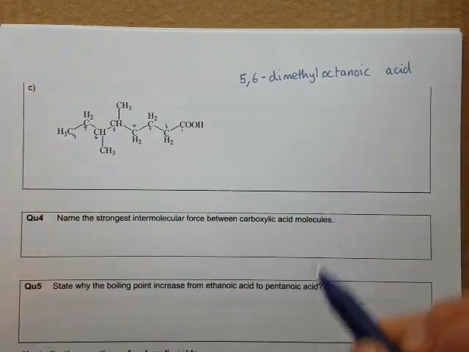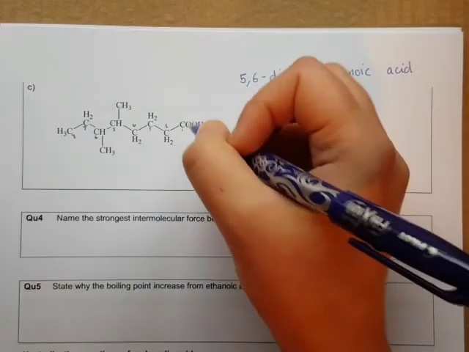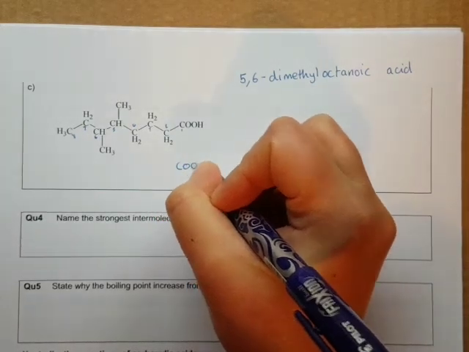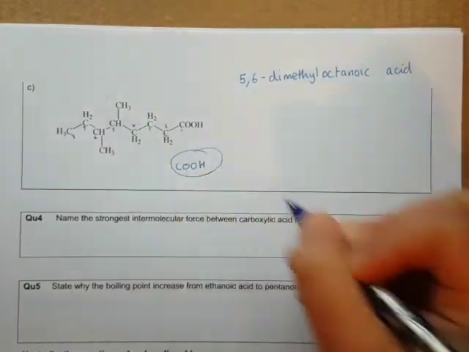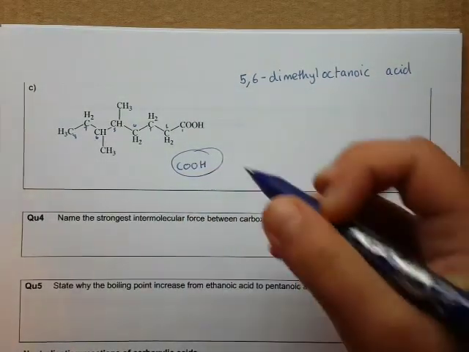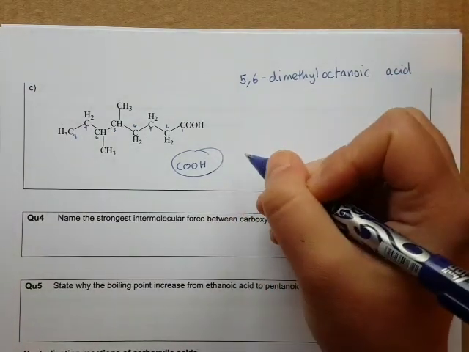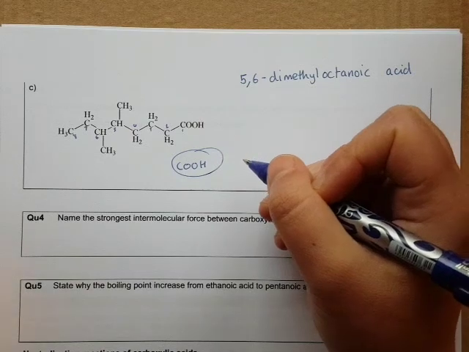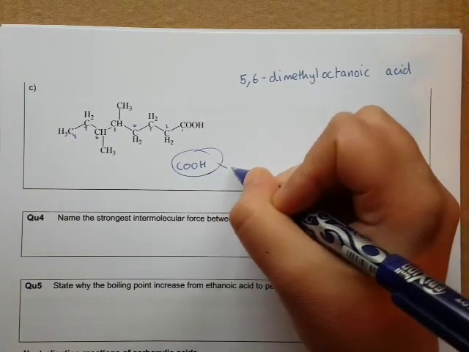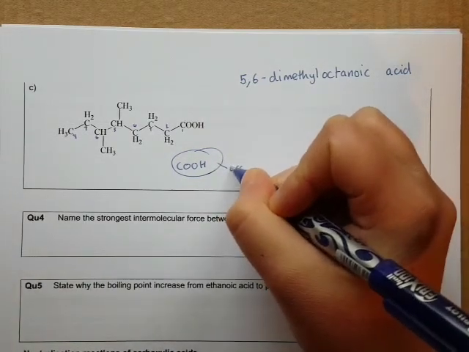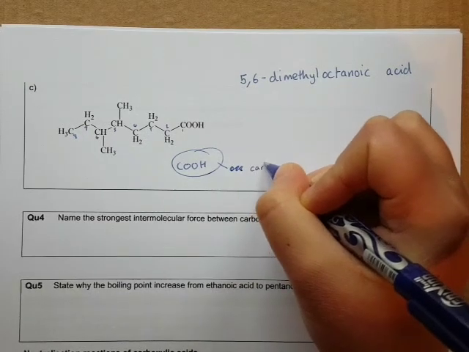Something to watch out for is this COOH. When you see COOH in the shortened structural formula of a molecule that's not a hydrocarbon, then that's indicating to you that this is a carboxylic acid.